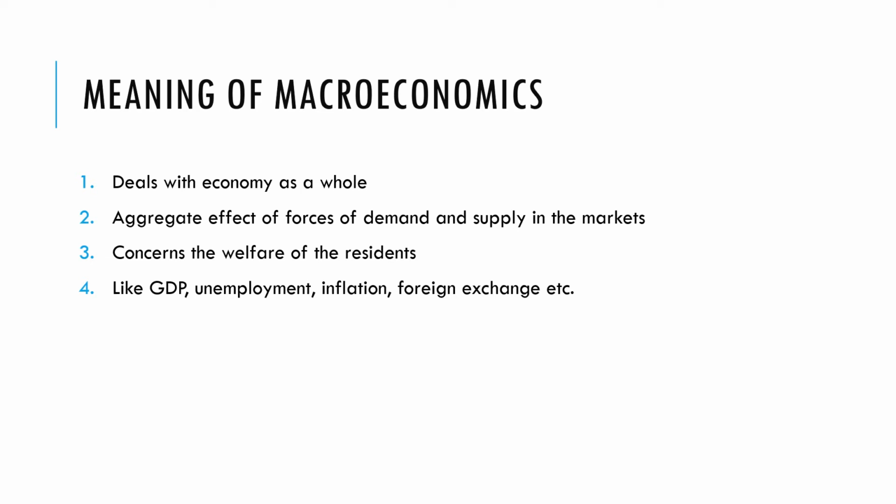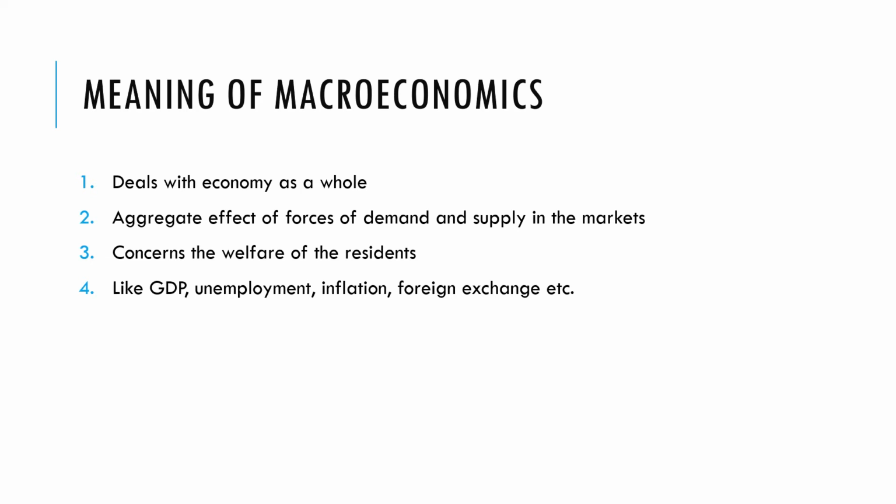So to say, the attempt of macroeconomics is to study the interrelationship and the interdependence of these variables operating in the economy to understand how to make policies and introduce changes to control these factors like inflation for the welfare of the residents of the economy.